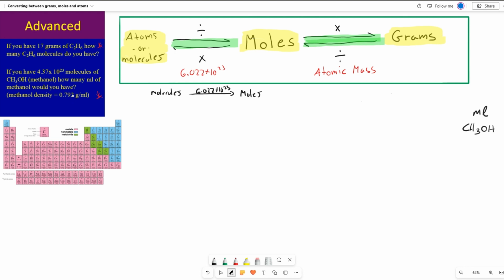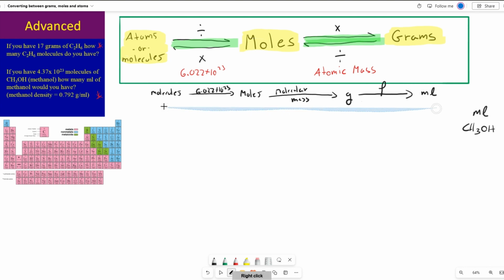And then once we're at moles, then we're going to use the molecular mass, which we have to find, or formula mass, same thing, to convert into grams. And then once we get into grams, we're going to use the density which we're given to convert into milliliters. So these are the steps that we're going to go through.